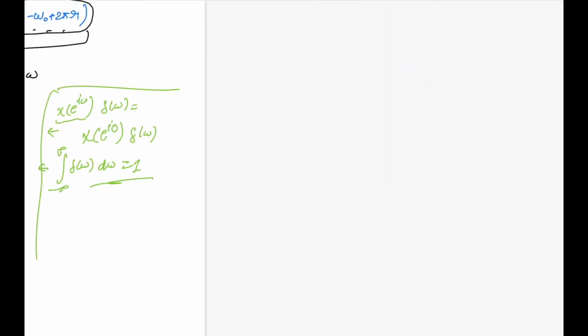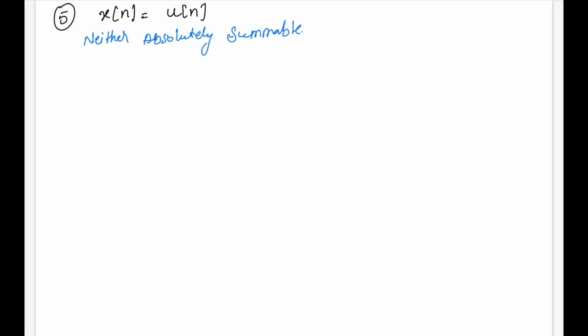Okay, so the next problem is interesting: the Fourier transform of the unit step function. Basically, the unit step function is neither absolutely summable nor square summable.